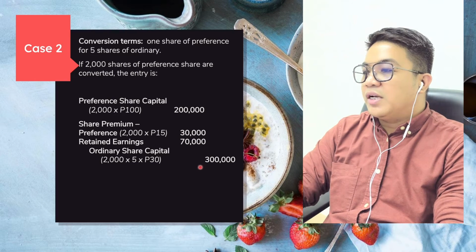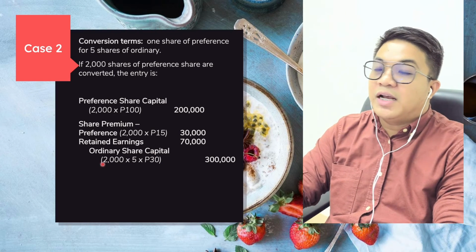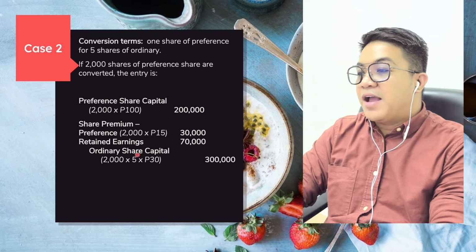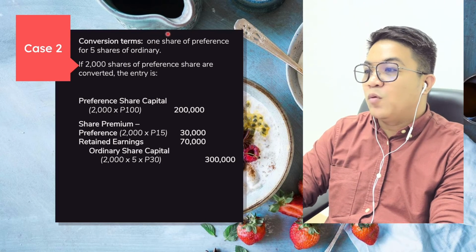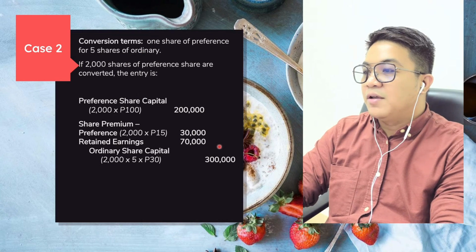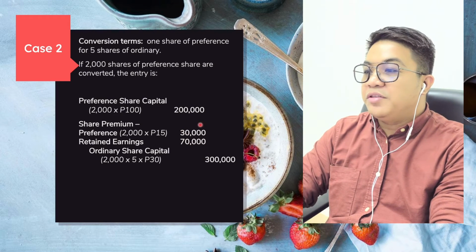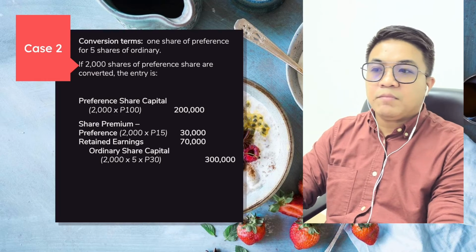Our ordinary share capital is 300,000, because 2,000 shares are converted, multiplied by 5, since 1:5 is given in the problem. 1 share is to 5 ordinary shares. Times 30 pesos, its par value. So, the difference of 70 will go to retained earnings.